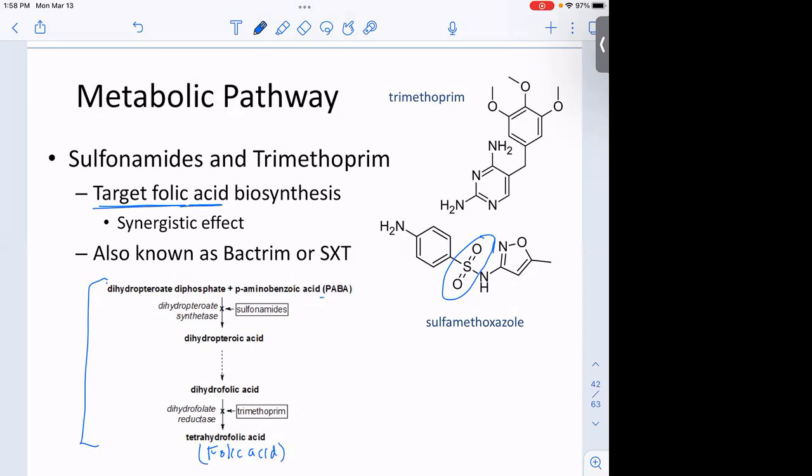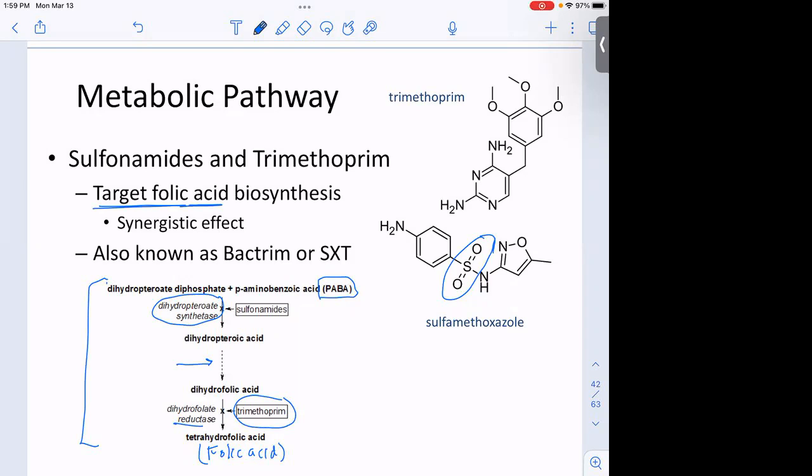The substrate here is para-aminobenzoic acid, or PABA. And there's actually 3 different enzymes that bacteria need to be able to synthesize folic acid. The sulfonamide drugs inhibit that first enzyme. There's actually another enzyme here that we didn't name. And another drug called trimethoprim inhibits that third enzyme. Okay, so I don't have those enzymes memorized, don't memorize that.